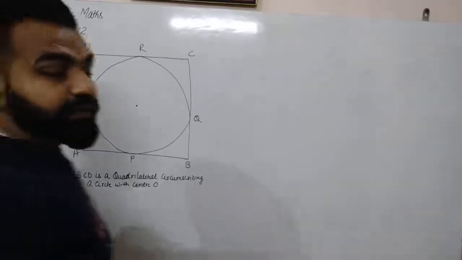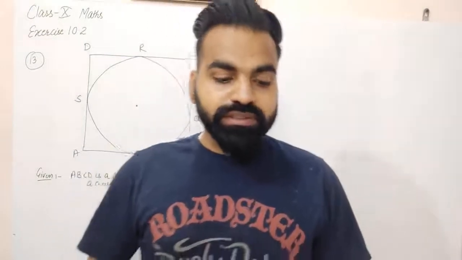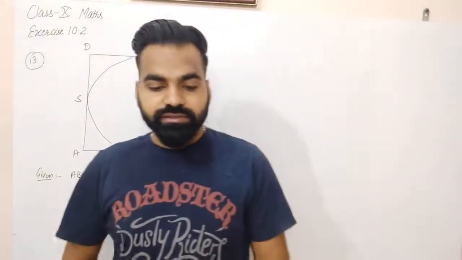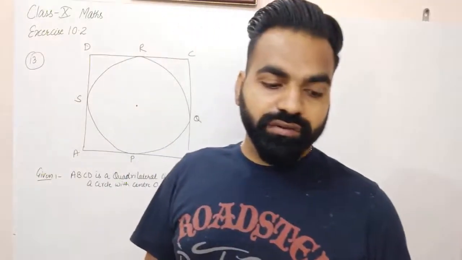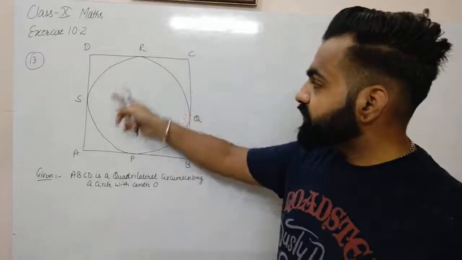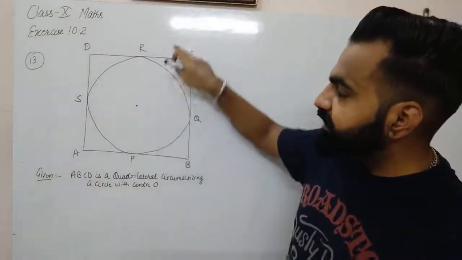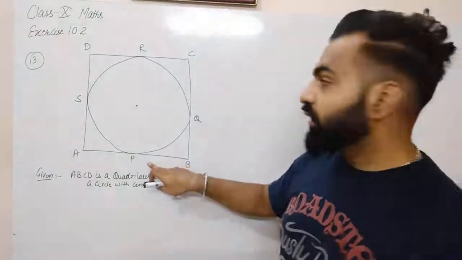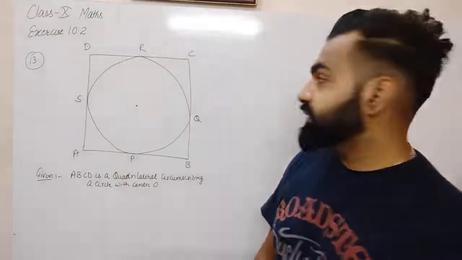Now question number 13, the last question of this exercise. Prove that opposite sides of a quadrilateral circumscribing a circle subtend supplementary angles at the center of the circle. ABCD is a quadrilateral circumscribing a circle. We have to prove that the opposite sides of this quadrilateral subtend supplementary angles at the center.